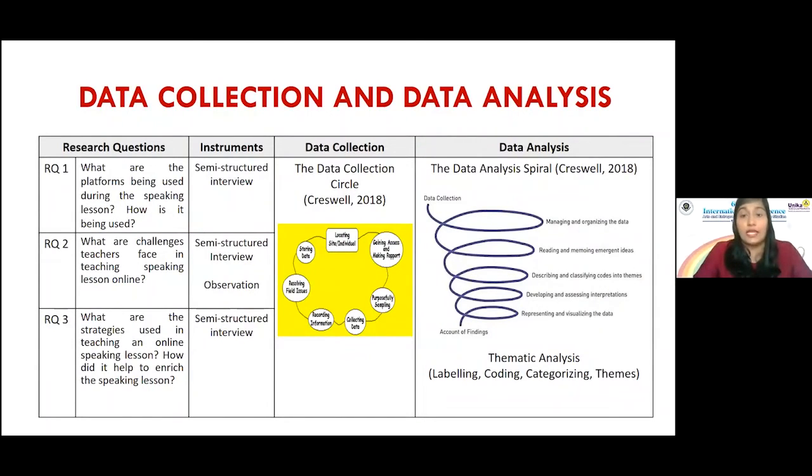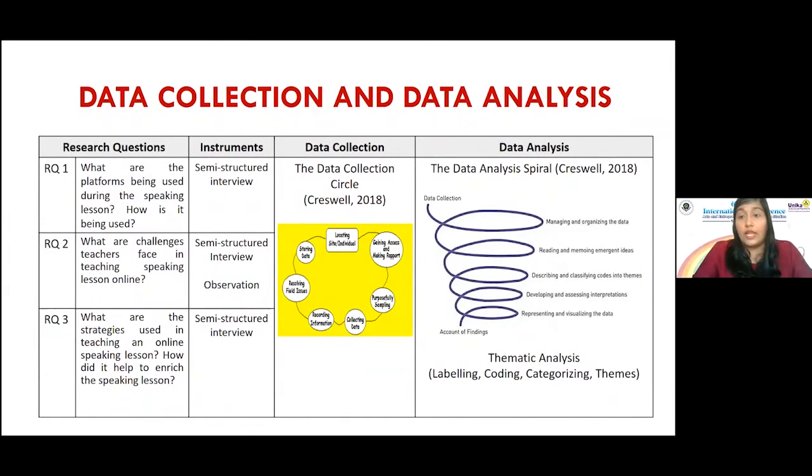We gain access and make rapport, whereby we have to ask for permission from their schools. We have purposefully chosen our sample. We collected the data, we recorded the information. Here we have also given them consent forms and resolved all the field issues. And finally, we have stored the data.